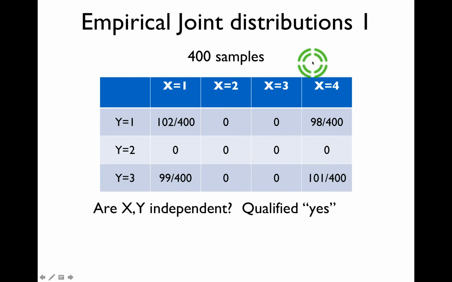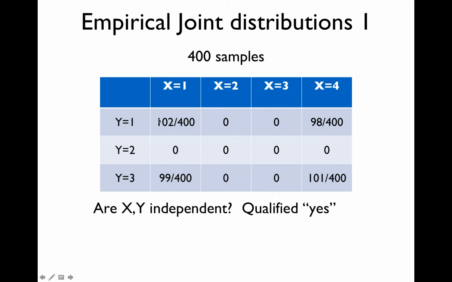Okay, so all of that is good and well, but what it means in terms of doing statistics is important. So what we're looking at here is, again, a joint distribution table, but here it's really the joint counts table. So we're assuming that we're getting 400 samples, and we're counting how many of these samples fall in each of these places.